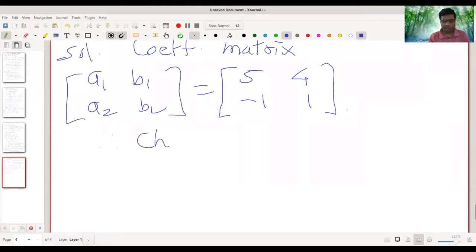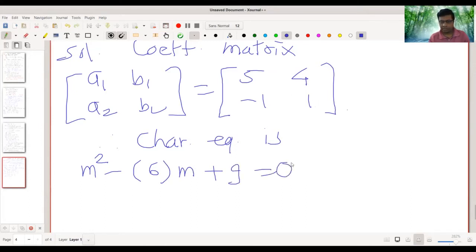Therefore, the characteristic equation is m square minus the sum of diagonal entries, it is 5 plus 1, 6, m, plus the determinant, it is 5 plus 4, that is 9, equal to 0.